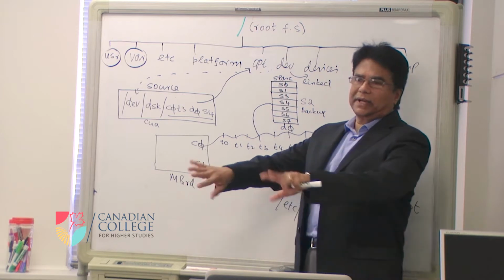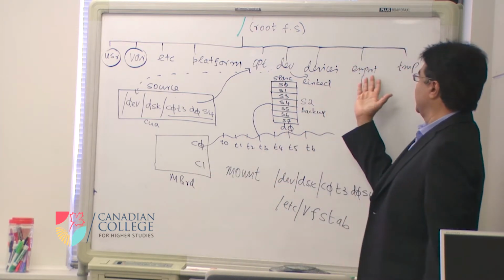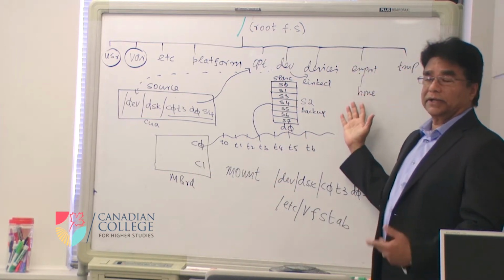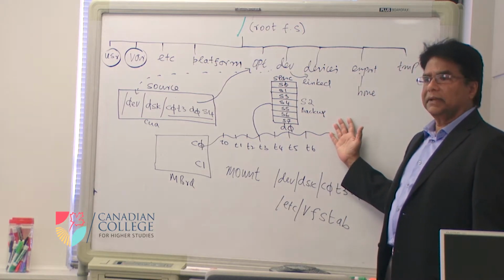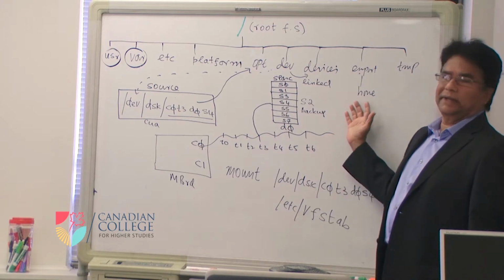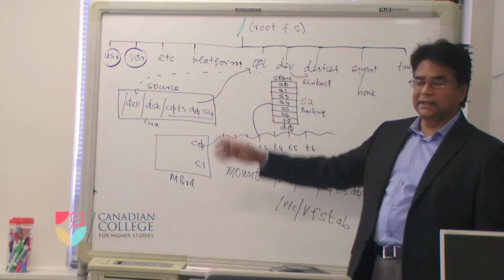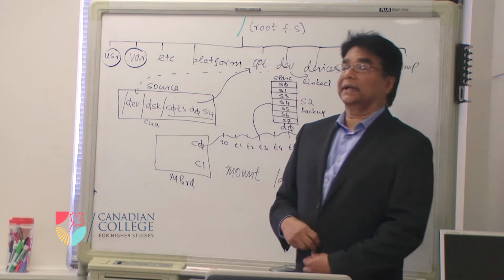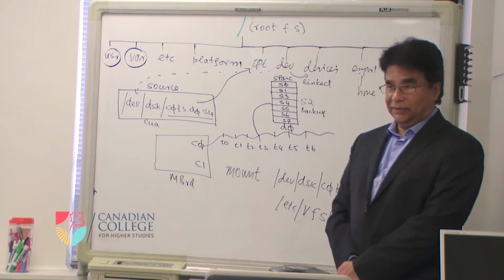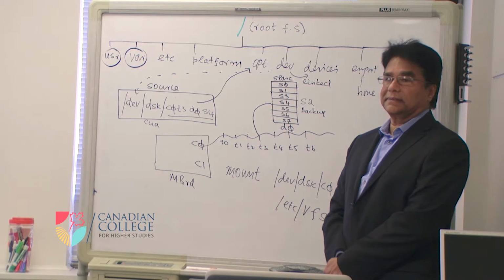For that reason, you can separate. Or if you are using it as a home directory server, where all the home directories of users are there, then make this one very big, right? Then whenever this gets filled up, it won't affect the root file system. Root file system getting filled is not good. Then you will have problems with your operating system.